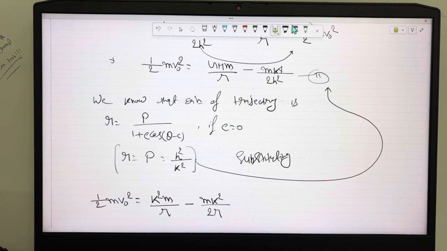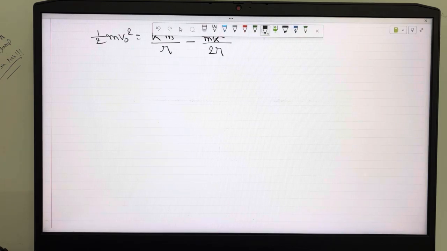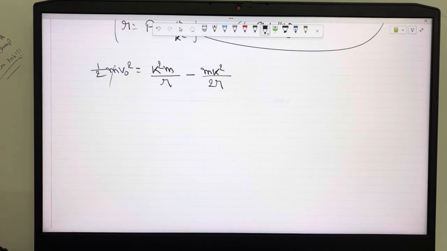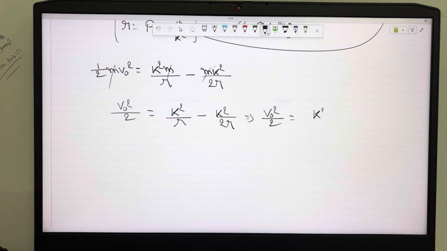One bar is getting cancelled. So now divide by m, so m is getting cancelled. So v naught square divided by 2 is equal to k square by r minus k square by 2r. Fine. That is equal to v naught square by 2 is equal to k square divided by 2r. 2 gone.